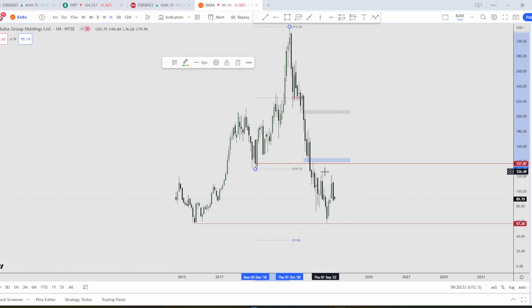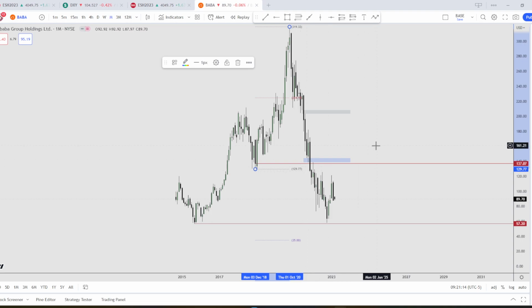Okay, we can see that relative equal highs have been engineered over here. So maybe once we get the liquidity attacked, it might want to revert back up into these relative equal highs, and those will be the targets for longs.